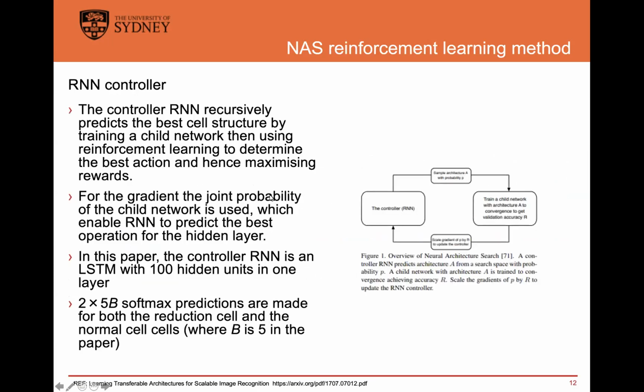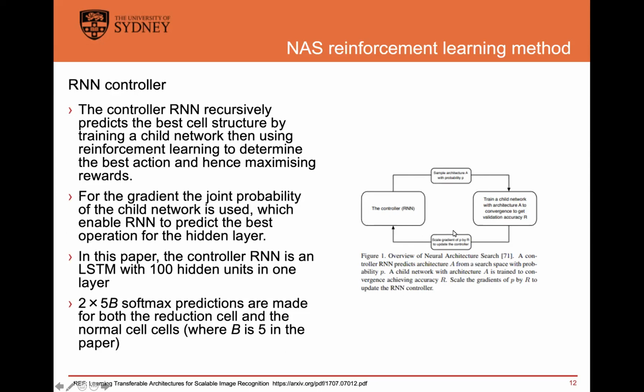So for how it works, obviously you have the RNN controller in here. They will sample an architecture with randomization, and then they train the child network with architecture A, so that's the randomized one, and they get a probability. And then they go through it again, because you're going to repeat it B times.